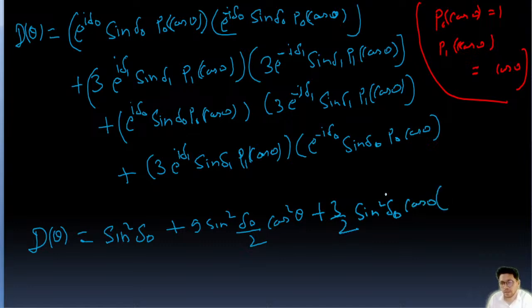Okay, we're solving. So this is going to be e to the power iota delta naught e to the power minus iota delta 1, plus e to the power iota delta 1 into e to the power minus iota delta naught.